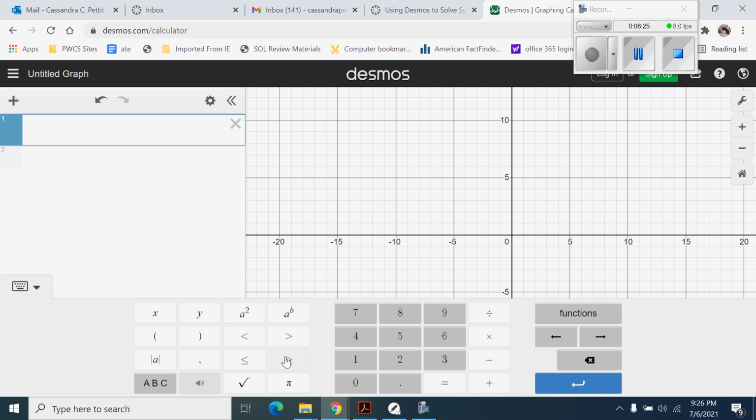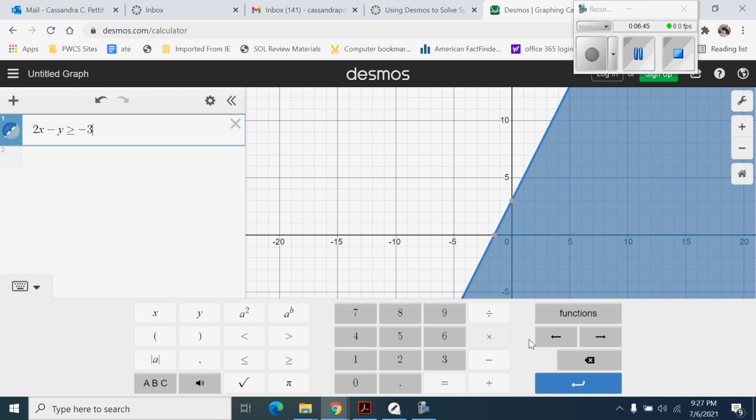But what's really nice is your calculator does this all for you. And you still don't have to have it in slope-intercept form. So let's look at one inequality. I have 2x minus y greater than or equal to -3.